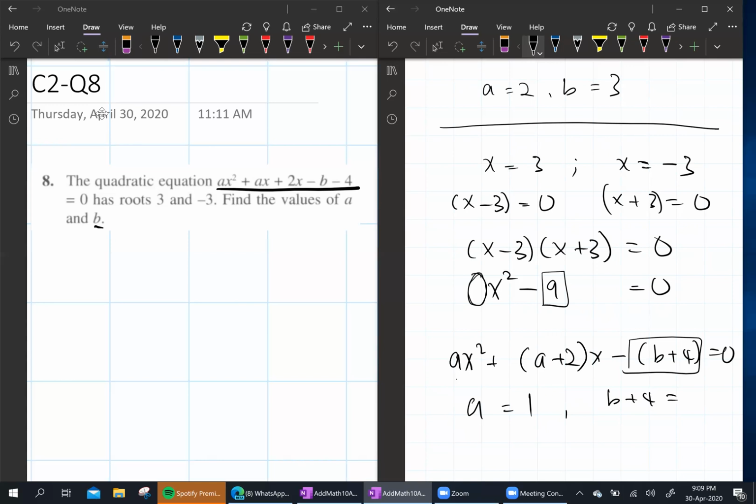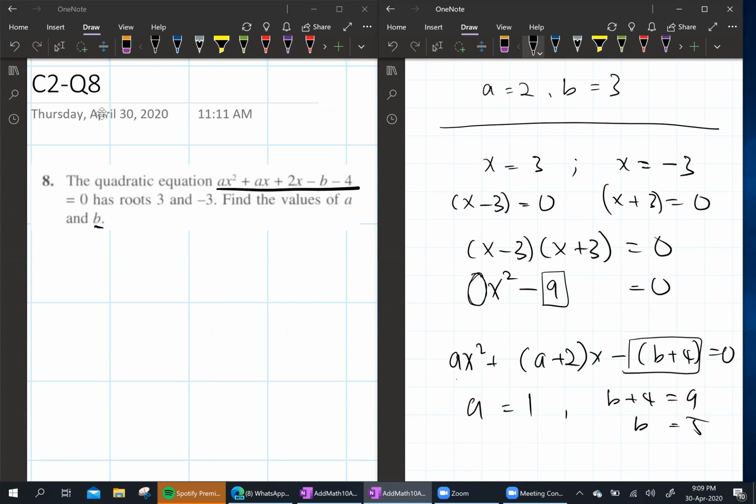B plus 4 equals to 9. So B equals 5. Okay.